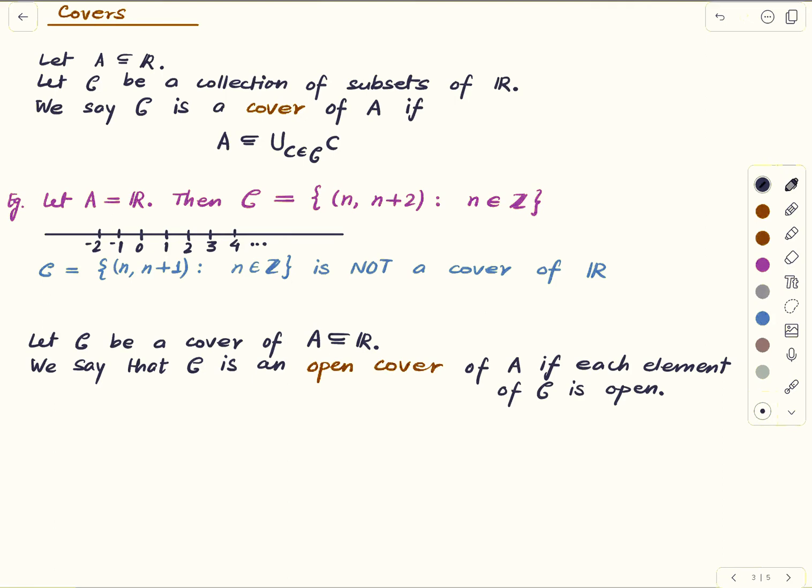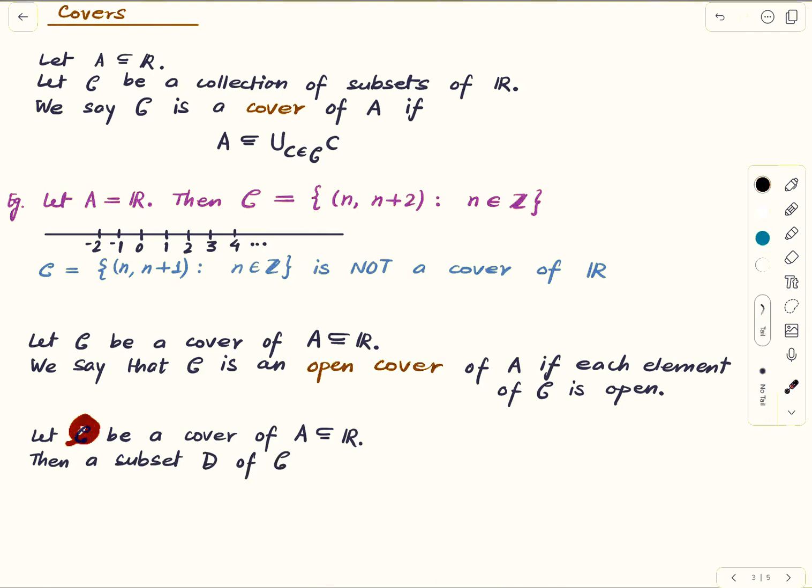All right, and now we can define one more notion before we state and prove the Heine-Borel theorem. It is the notion of a subcover. Fix a cover C of some subset of reals. We had a collection of subsets of R, and we are considering a subset of it, meaning we are throwing away some of the things here and retaining some of them.